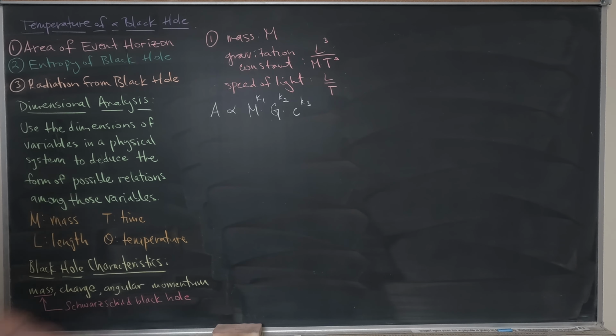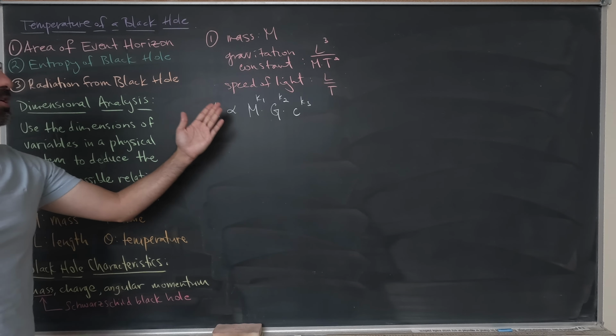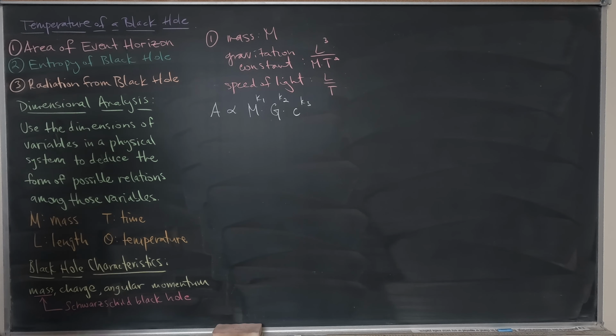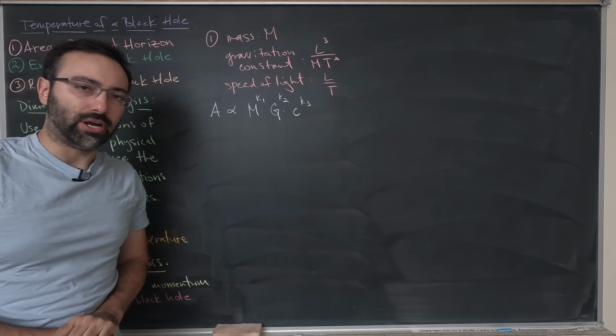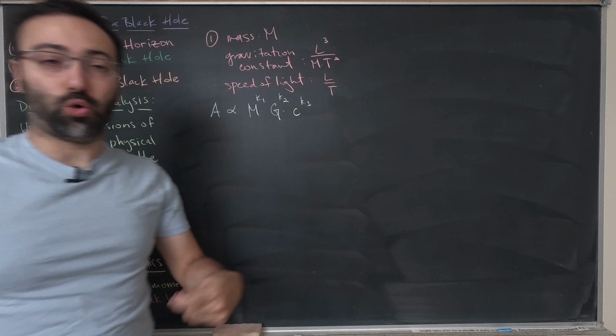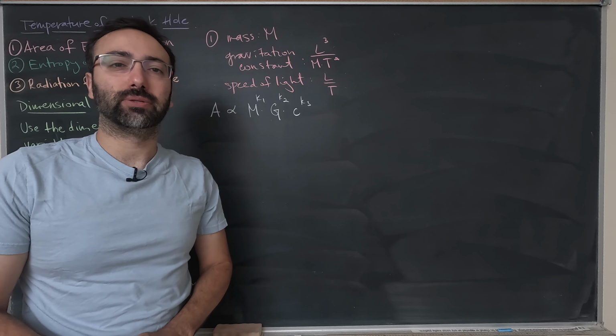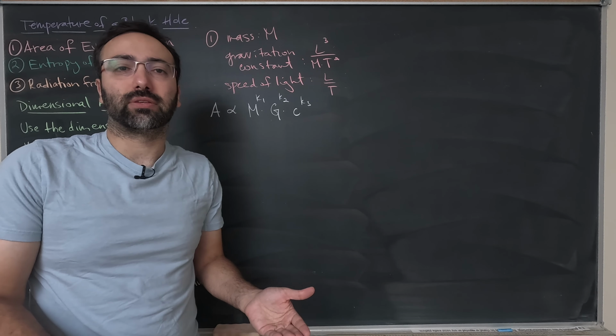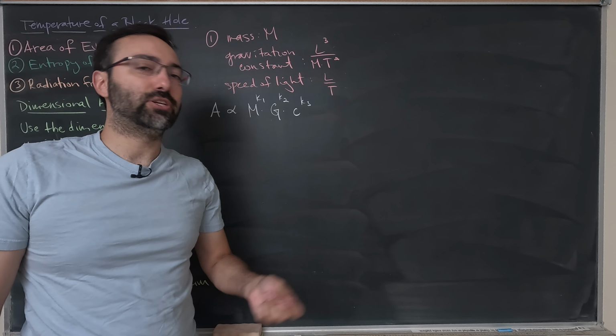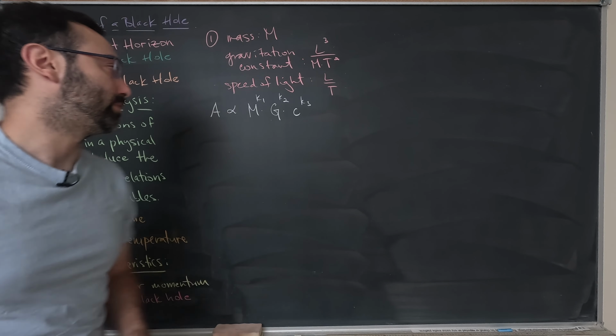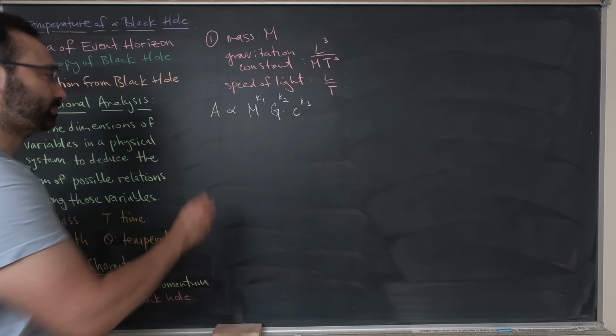Okay, well then, what are the dimensions of area? Well, again, think of how you would measure area in specific units, maybe square feet, square meters, but feet and meters are just lengths. So area is measured in dimensions of length squared. So the dimensions of area are length squared. Here we have mass, and the dimension of mass is, well, just mass.